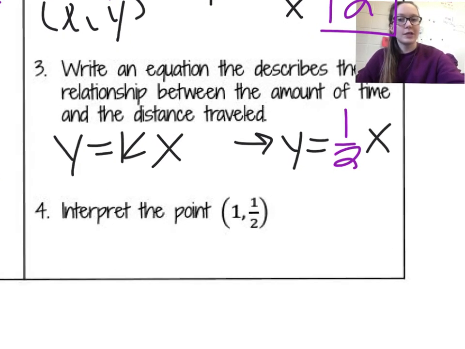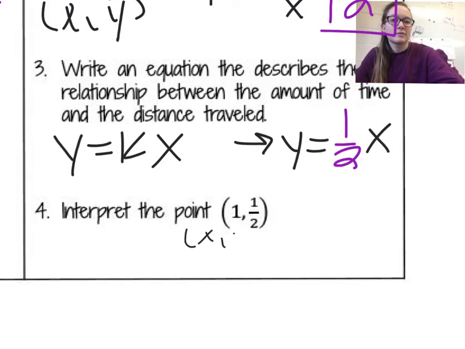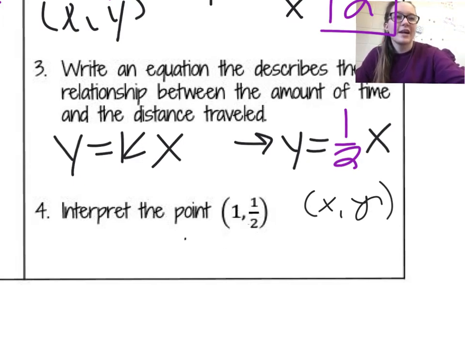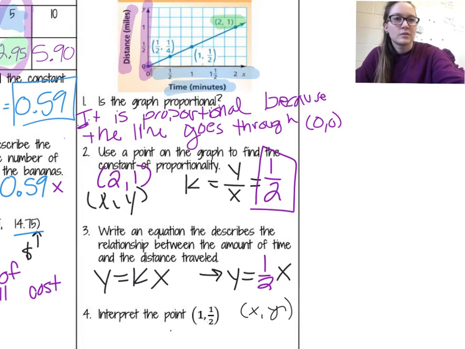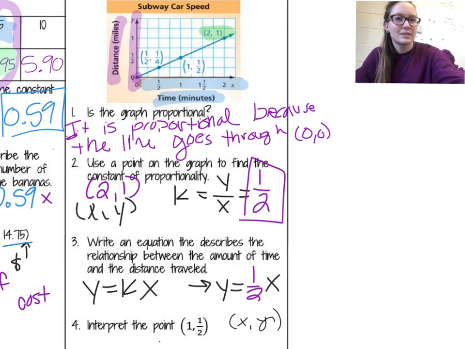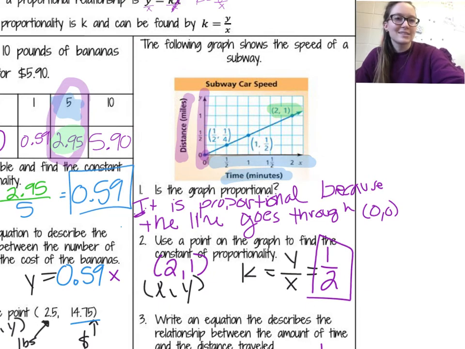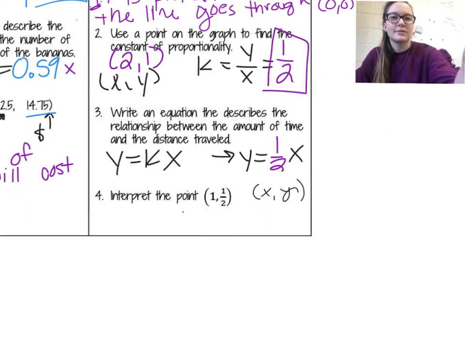All right, interpreting the point. What does that mean? Okay? So remember that this is x, y. All right, over here. Okay? So if I look at my graph, our x-axis was the time in minutes, and the y-axis was the distance in miles.